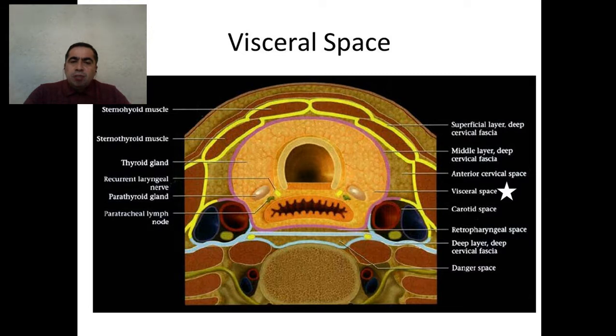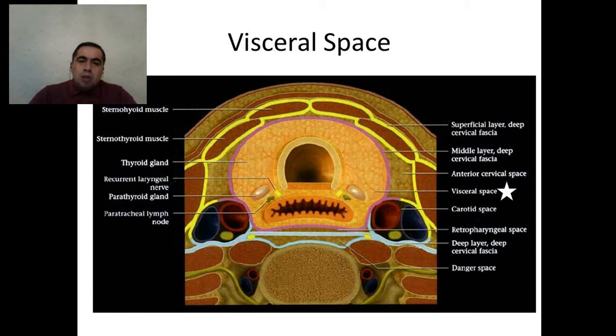And the visceral space, again, the visceral space is a space around the internal organs of this region, like the thyroid gland and the recurrent laryngeal nerve. Its position is very important because the recurrent laryngeal nerve arises from the vagus nerve, and it is the most posterior cervical part of the vagus nerve.